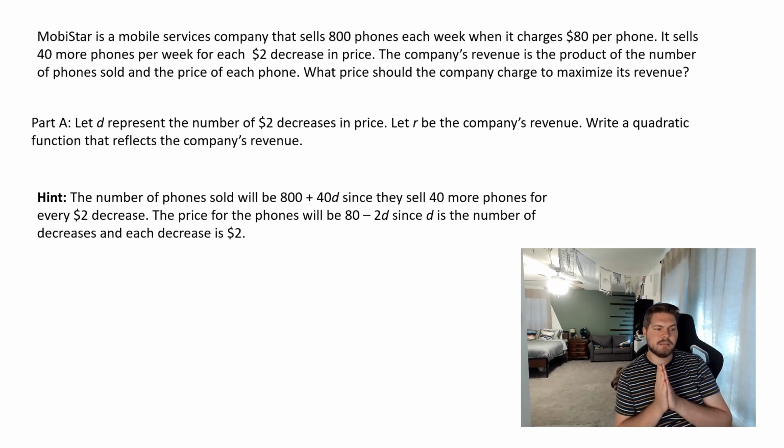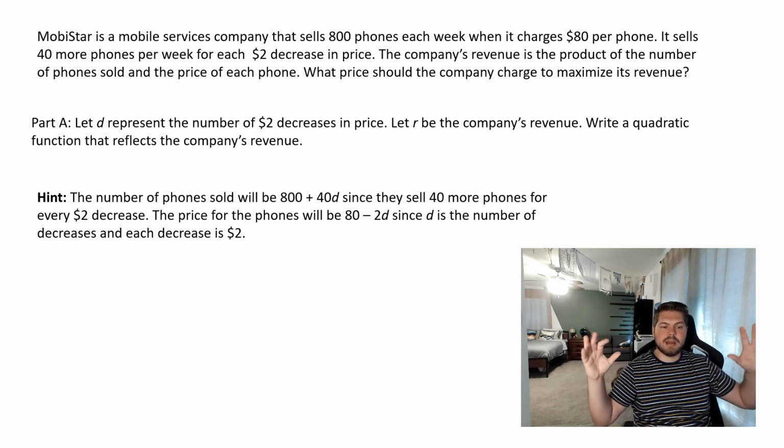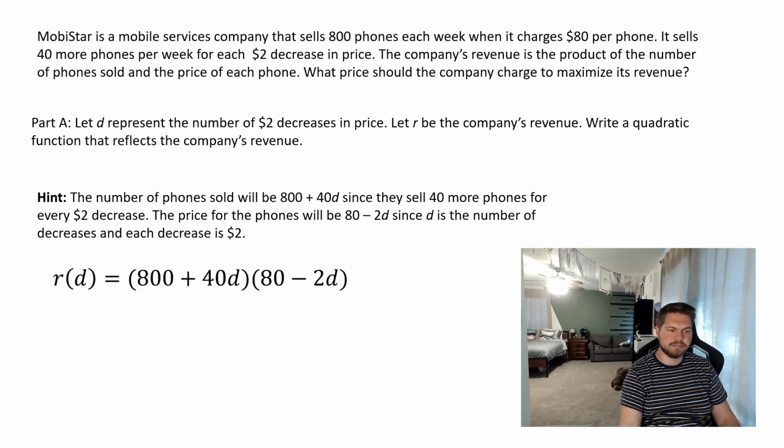So your hint is the number of phones sold will be 800 plus 40D, since they sell 40 more phones for every $2 decrease. The price for the phones will be 80 minus 2D, where D is the number of decreases, and each decrease is $2. So basically you have 800 plus 40D and 80 minus 2D, and we're going to get the product. We're going to multiply them.